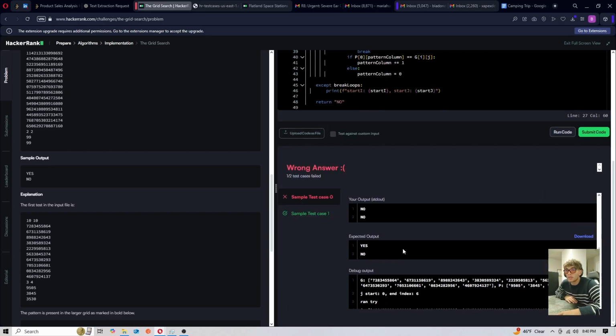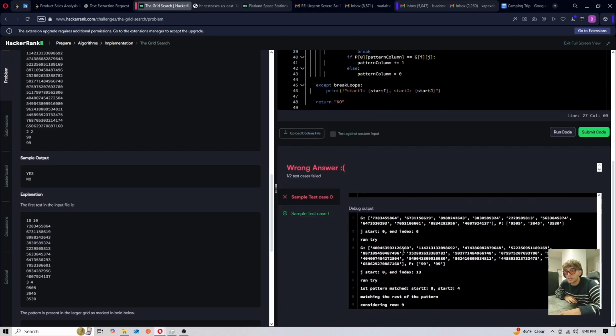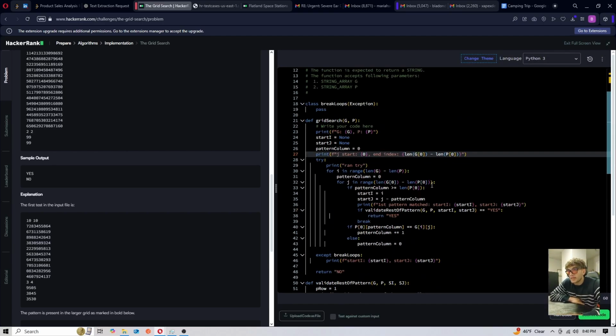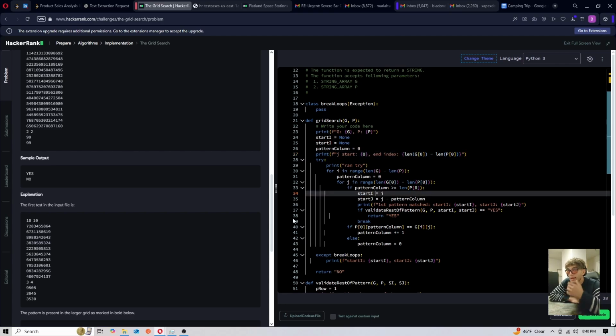Alright, so the start index is going to be at 0 and at 6. And the pattern is 4 long, so 0, 1, 2, 3, 4, 5, 6. I think it's inclusive, and that would be the rest of them, so that makes sense. And then it gets to here, and it says if pattern column is greater than the length. Okay, this would print. This is not printing, so we can ignore that. If p at 0, pattern column equals g of I.